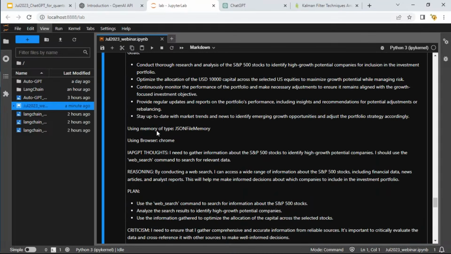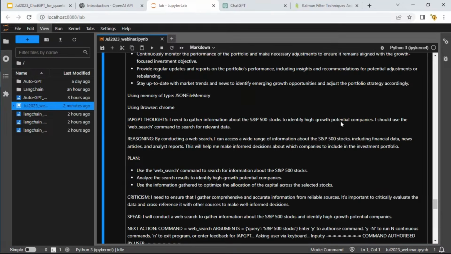Right. I had to set up quite a few things at the back end. So it uses GPT-4, or rather 3.5 in my case, and via my browser, it's doing a lot. It first tells me that I need to gather information to identify, and it's going to use web search to do that. This is the thought which it shares.